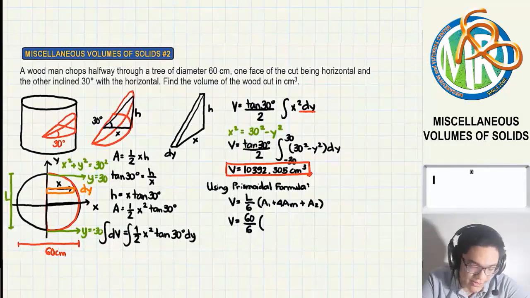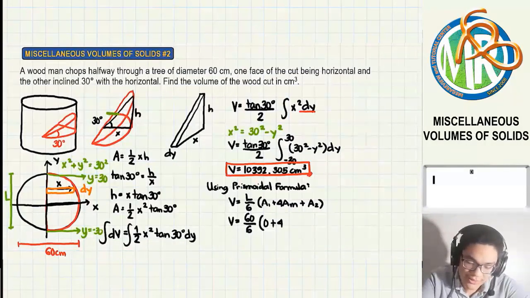So, that will be 60 over 6. Ano yung area 1 natin? Kapag nag-cut tayo ng plane dito sa dulo, dun sa bottom, or dun sa top, ano yung makikita natin na area dyan? Which is 0, no? Kasi wala tayong area doon. So, plus 4 times area middle. So, syempre, yung pinakamalaking triangle natin sa gitna makikita. And ang value natin ng x sa middle is 30.